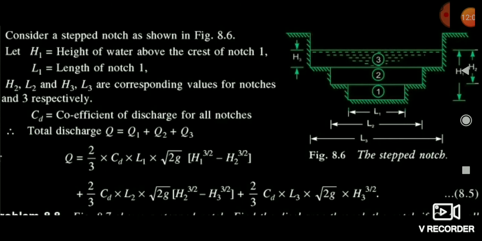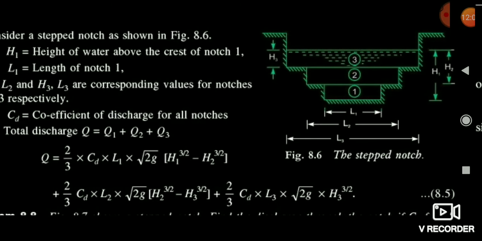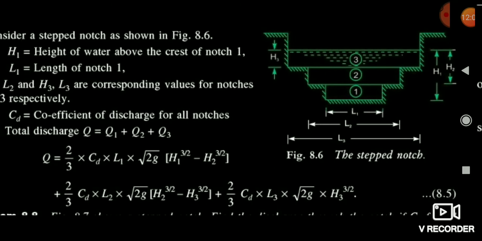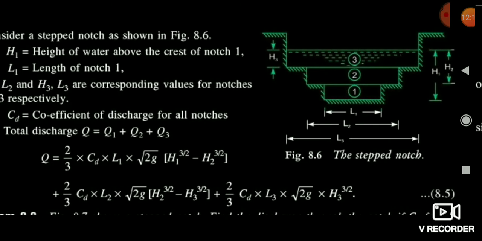Friends, you clearly see here L1, L2, L3 and H1, H2 and H3. That is the most important portion. You can see the first portion L1, the height is H1 to the power 3 by 2 minus H2 to the power 3 by 2, meaning we have to consider only the small elemental height.